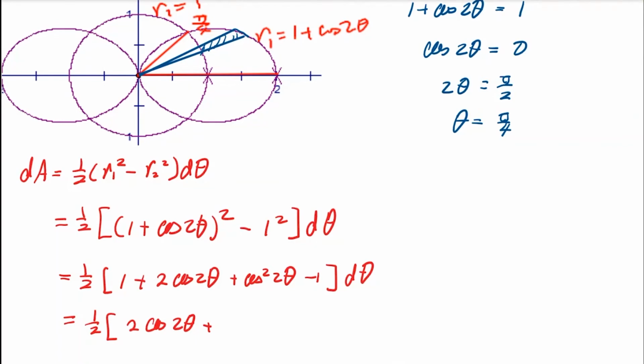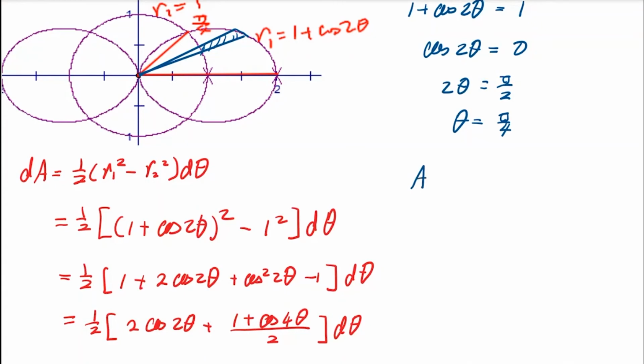By now, it should be on autopilot. 1 plus cosine 2 theta over 2. This time it's 1 plus cosine 4 theta, because it was already 2 theta. Say yes.